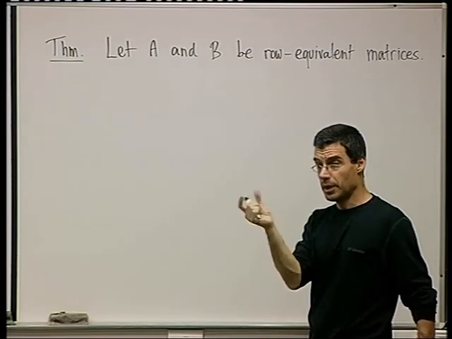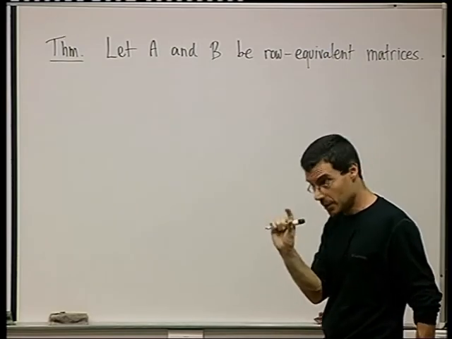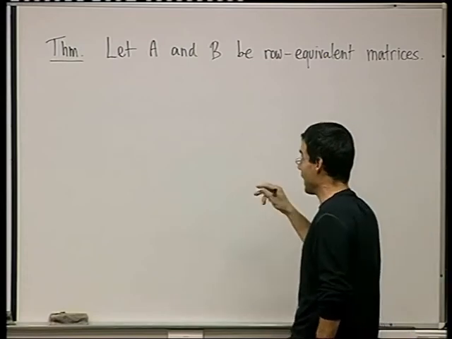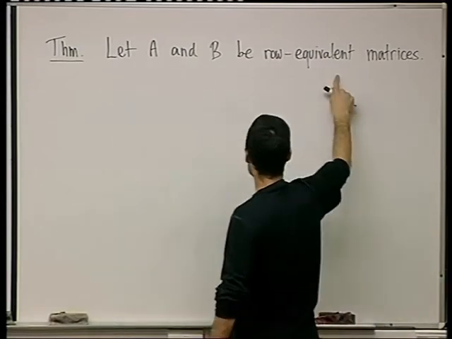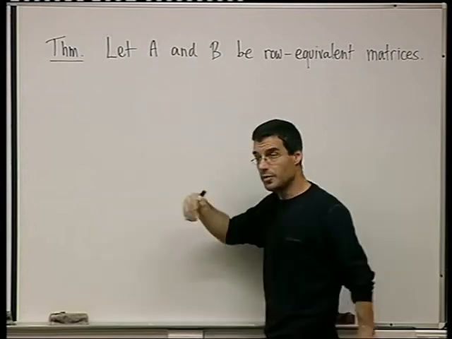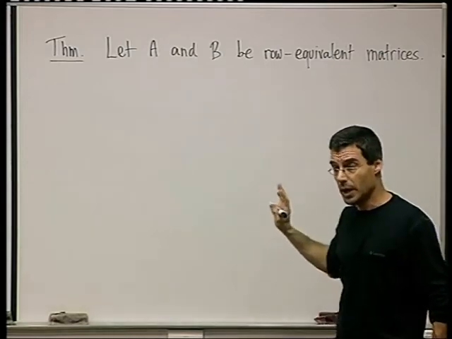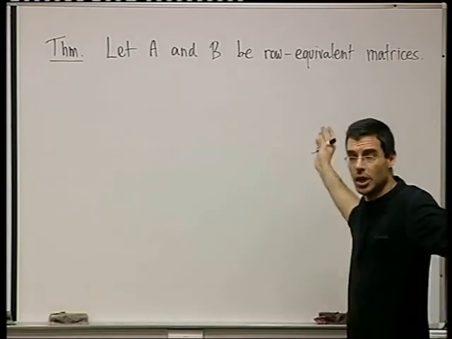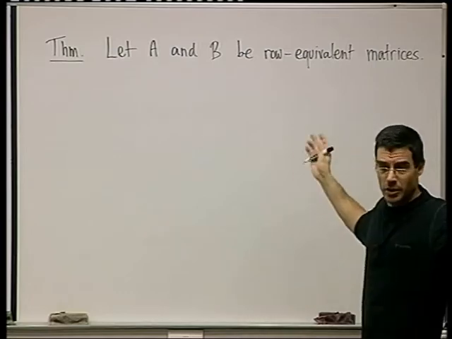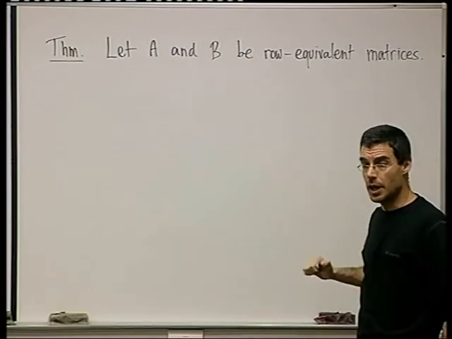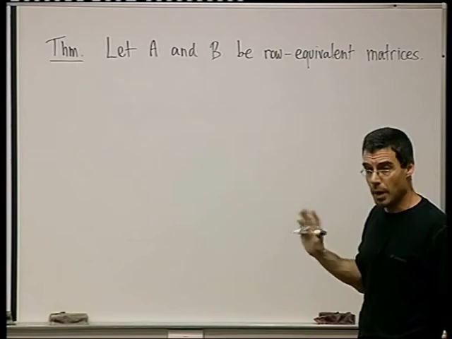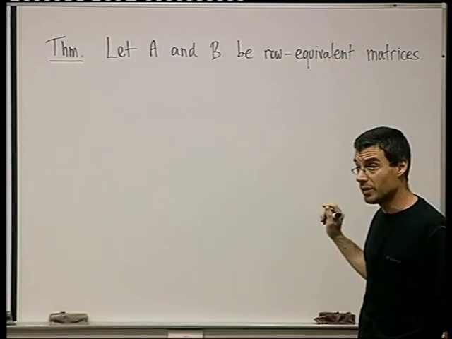Okay, all these row operations are reversible, right? You can do the opposite operation and go back. So being row equivalent means that you can go from one to the other via row operations. Okay, I'm not saying that one is necessarily in echelon form or canonical form, just any two matrices that you can reach one from the other by row operations. That's what it means to be row equivalent. Okay?